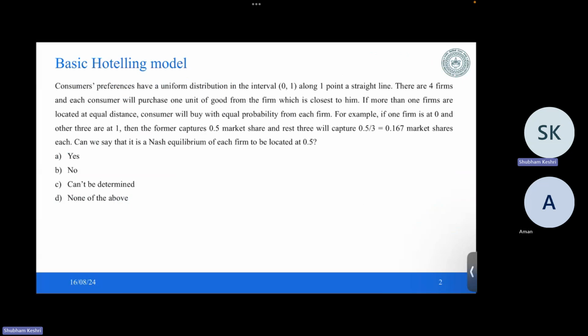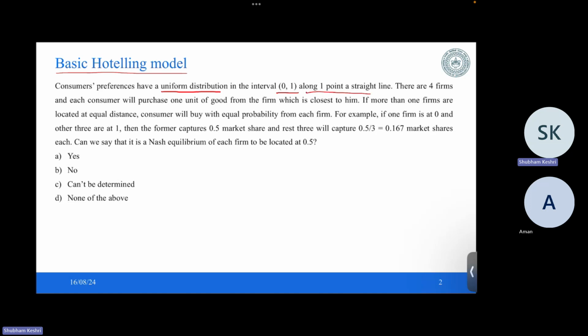Okay. So this is the problem. In last class, we were discussing this problem, and we had a question. So first, let me read this question. This talks about consumers having a preference in a uniform distribution between 0 and 1, along one point in a straight line.